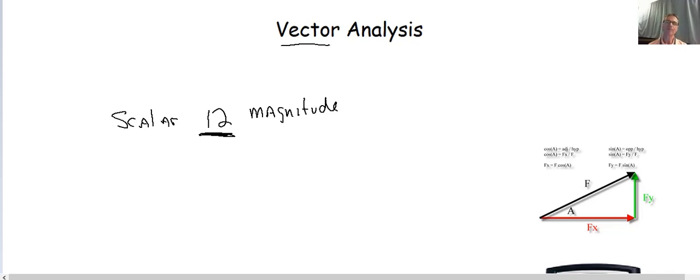But the reason we need something like vectors is that, let's say you asked me how to get to my house, and I was going to give you directions, and I said, well, walk 200 meters. What's the problem with that?